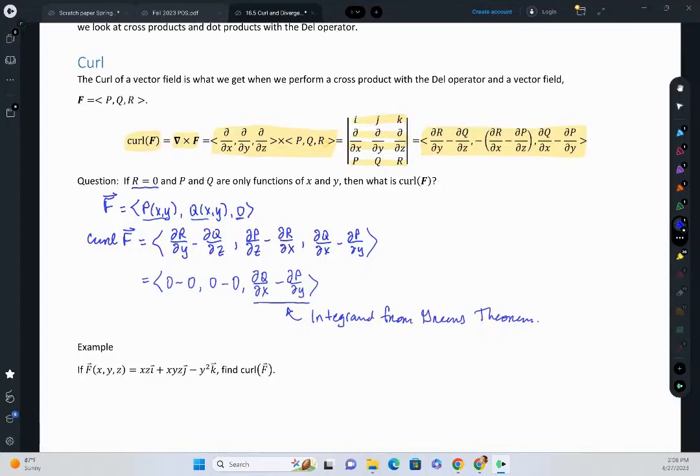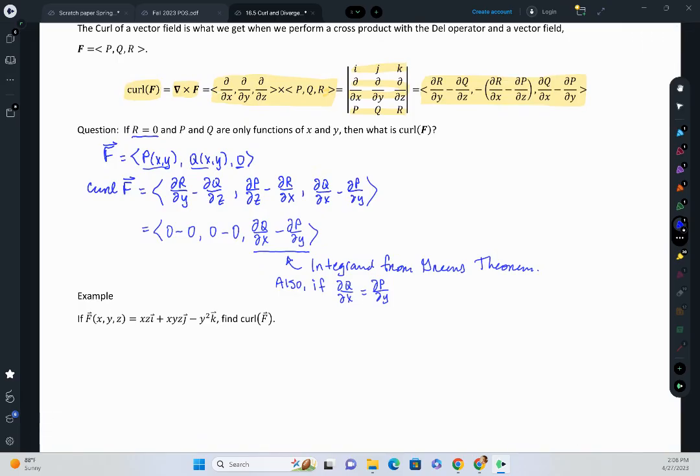And then also notice that if del q del x is equal to del p del y, we have to remember, thinking back on what we've done already in the line integral, when we were looking at the fundamental theorem of line integrals, if del q del x was equal to del p del y, then that means f is conservative.